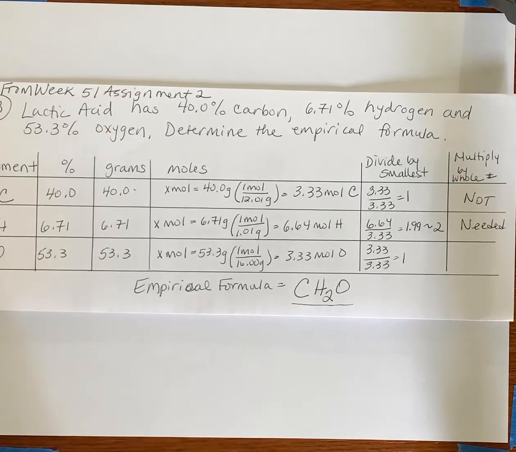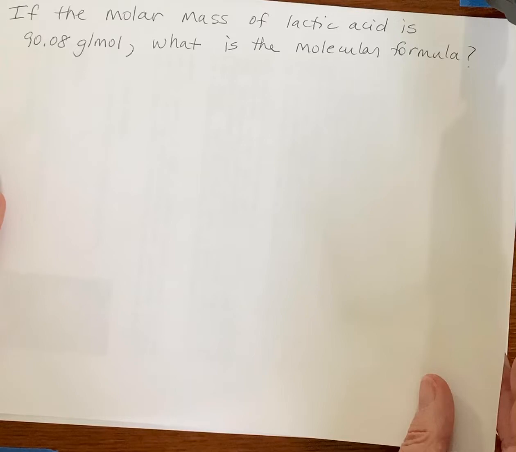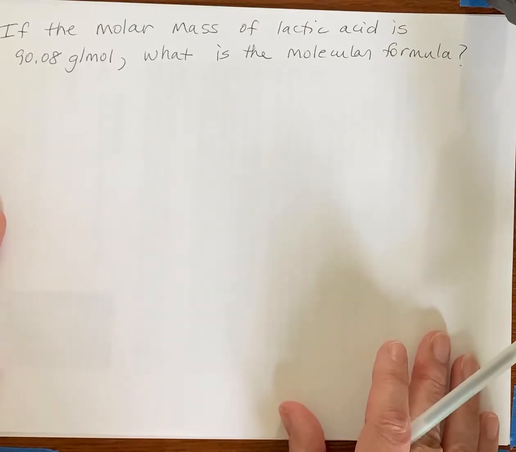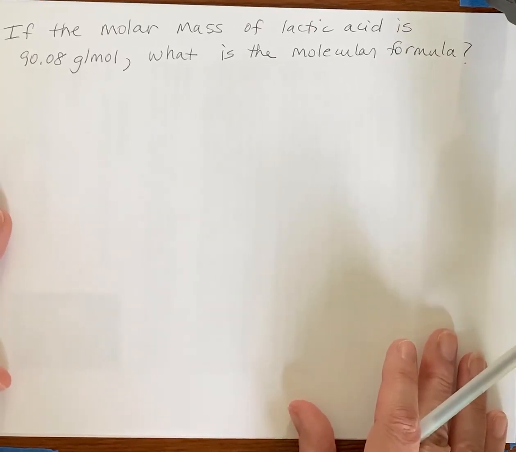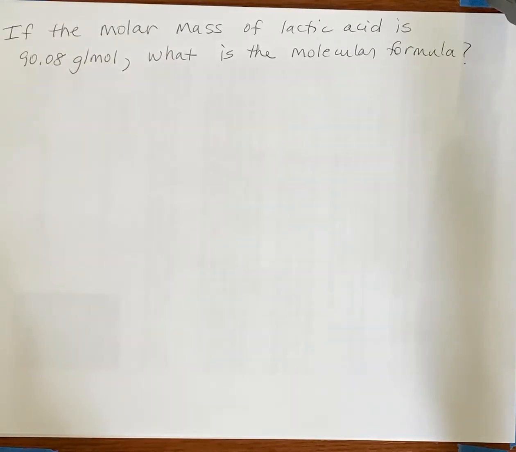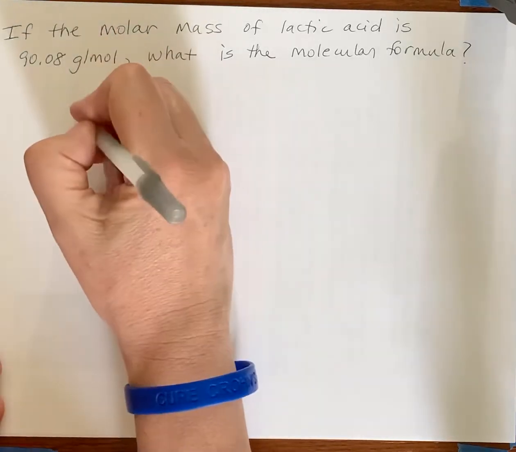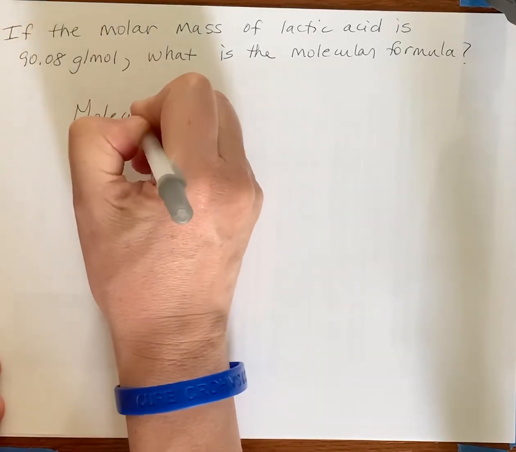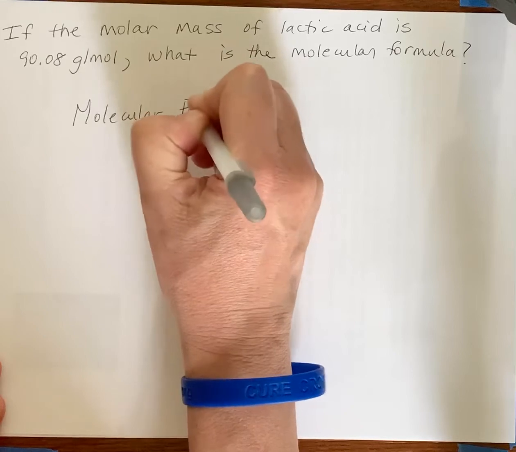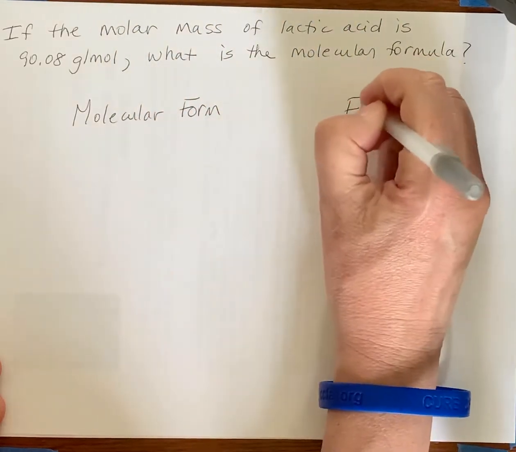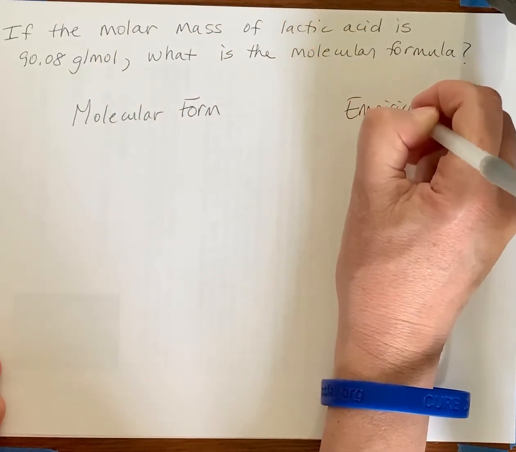So today I wanted you to think about there could be another step, and that next step is finding the molecular formula of lactic acid. If the molar mass of lactic acid is 90.08 grams per mole, what is the molecular formula? So think back to that chart from the first assignment. I have the molecular formula and the empirical formula.